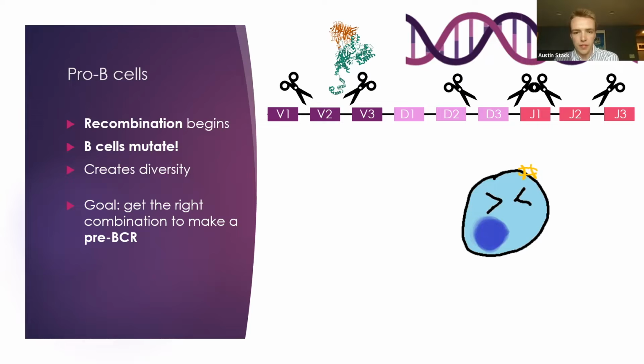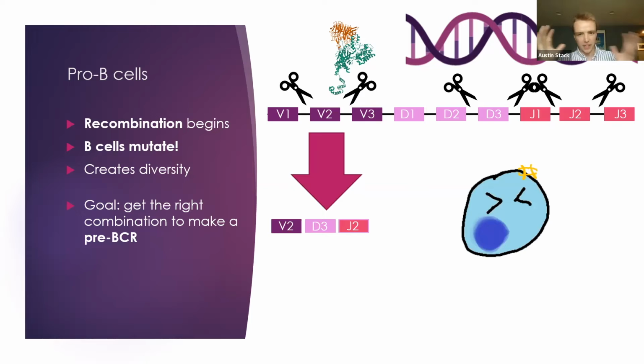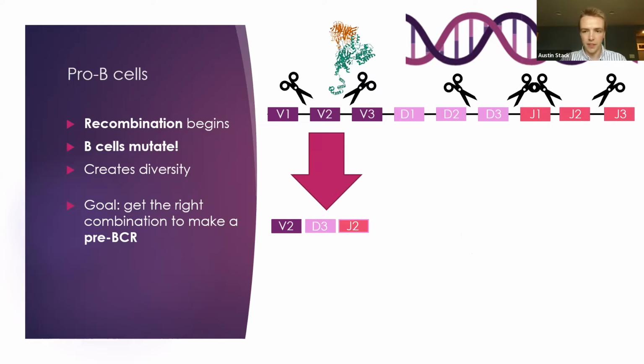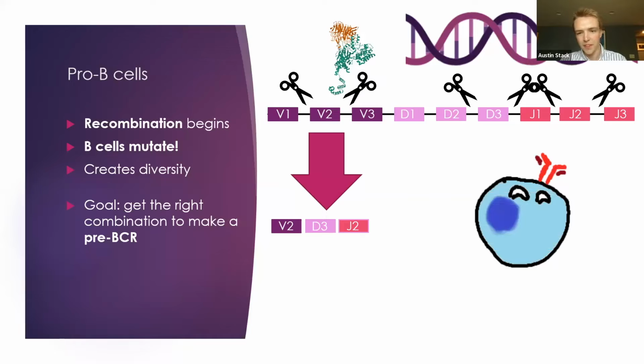And so let's say we cut at J2, D3, and V2, then we get this shorter segment. And basically it will continue to cut, try different combinations of DNA until we get a B cell receptor on the top of the B cell here. And it will only stop once there's a functioning B cell receptor. It will try many different combinations.